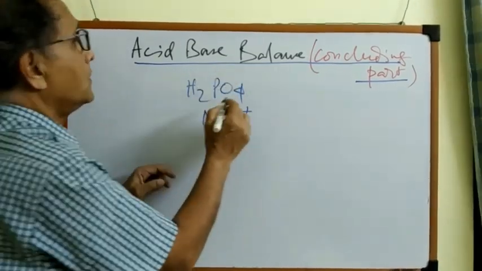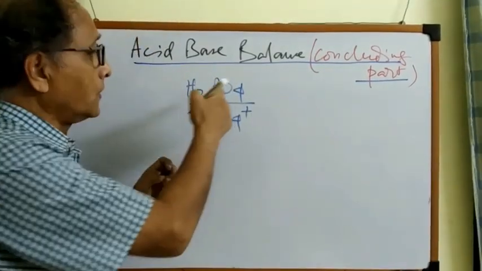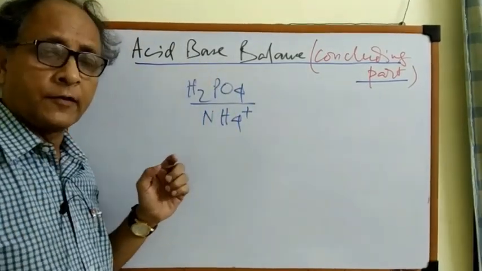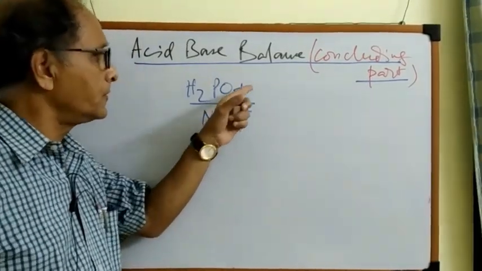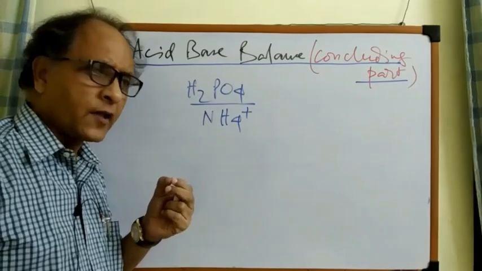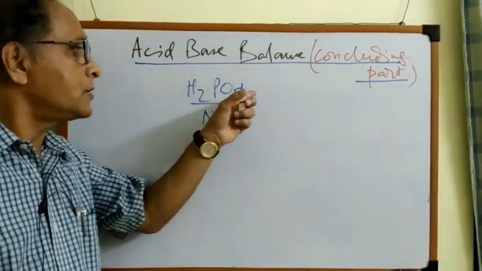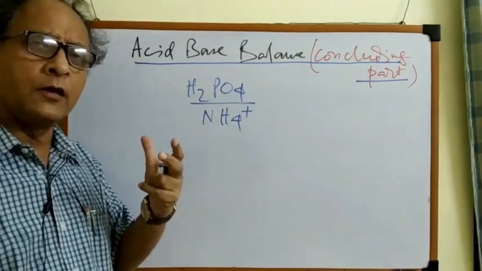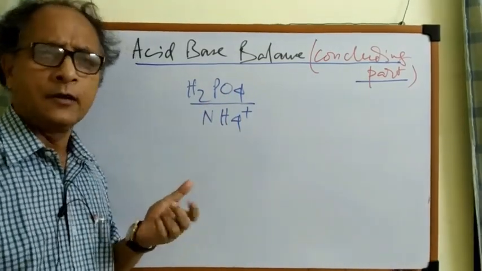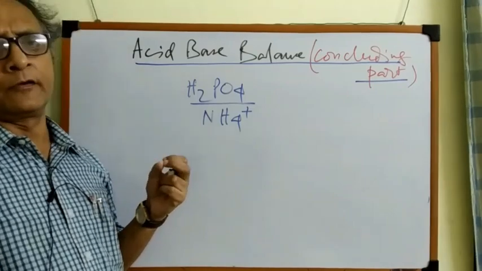Out of these two, this H2PO4 is specifically present as a titrable acid in the urine, which we can titrate by using the standard titration method, as we did in our high school chemistry lab.